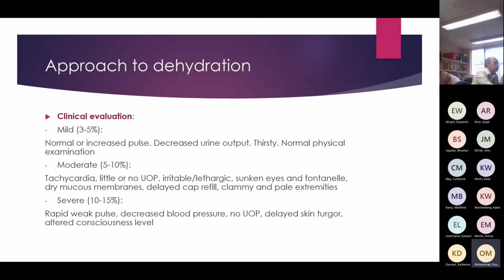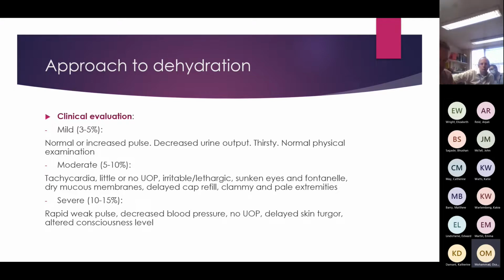Mild dehydration is loss of body fluid by around 3 to 5%, and usually children can look normal when they have mild dehydration. Maybe sometimes they will have some increased heart rate, mild decrease of urine output, some thirst sensation, but otherwise the physical examination would be normal.